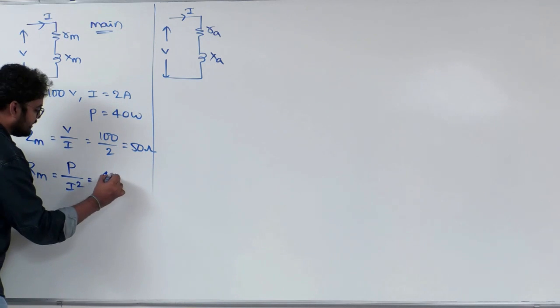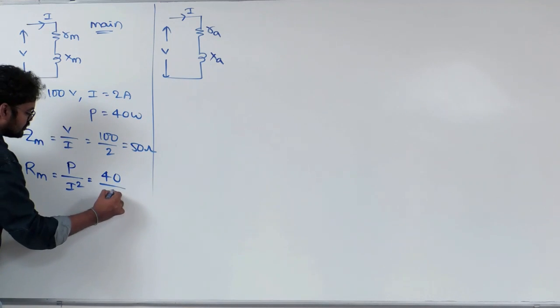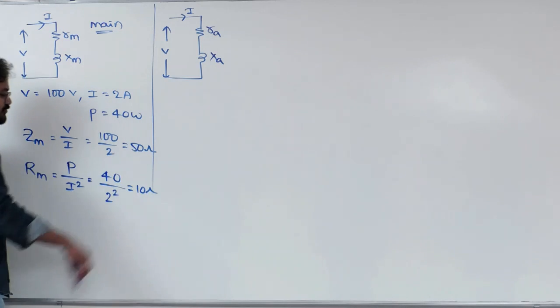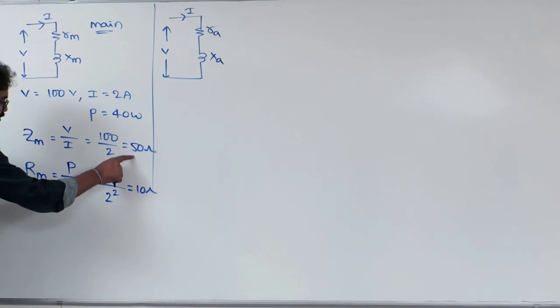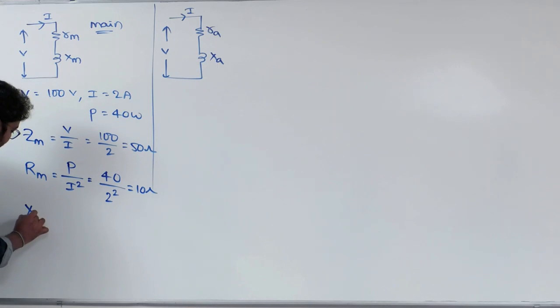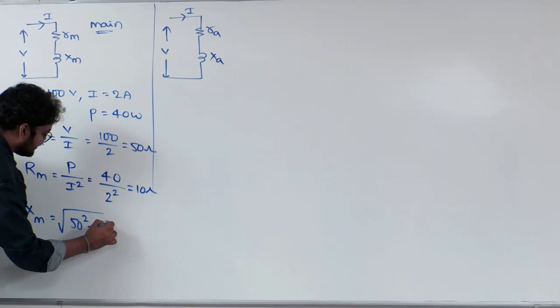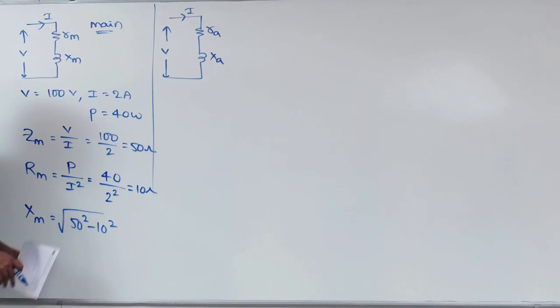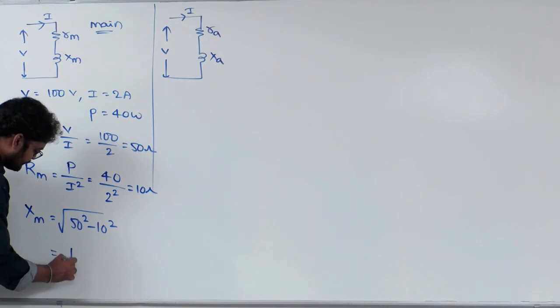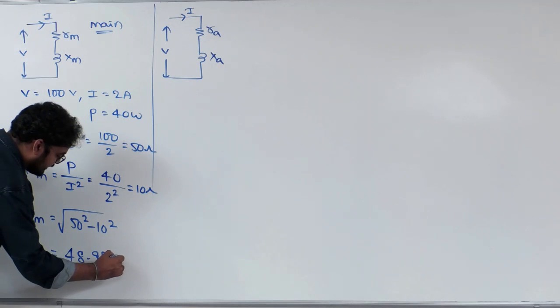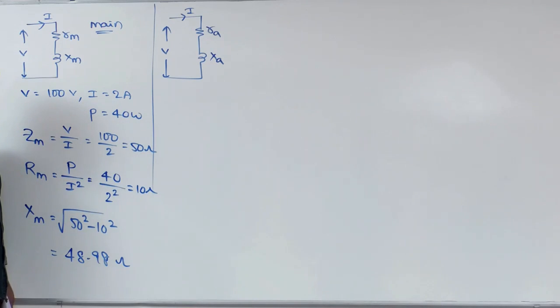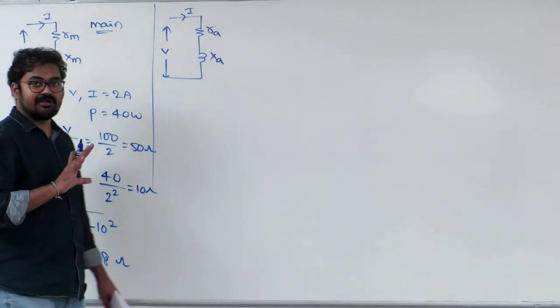Here P is 40 watts, I square means 2 square, therefore resistance is 10 ohms. When you know impedance and resistance values, reactance of main winding will be square root of impedance square minus resistance square, that will give you reactance, and its value will be 48.98 ohms. So we got main winding parameters.